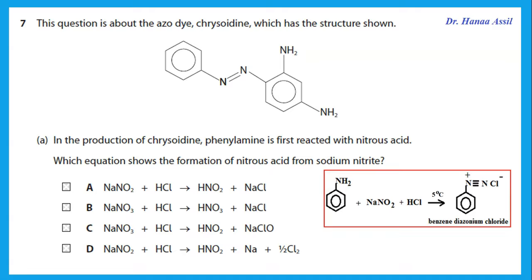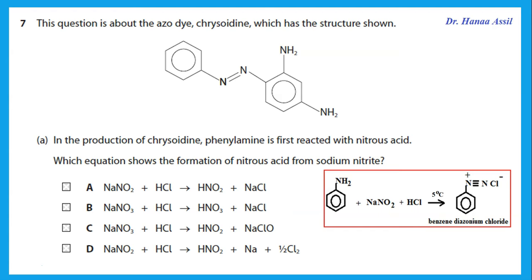We actually add a mixture of sodium nitrite and HCl, so that the nitrous acid is produced within the reaction. And we said, of course, this needs a temperature below 10 degrees Celsius because the diazonium salt produced is unstable at high temperatures.